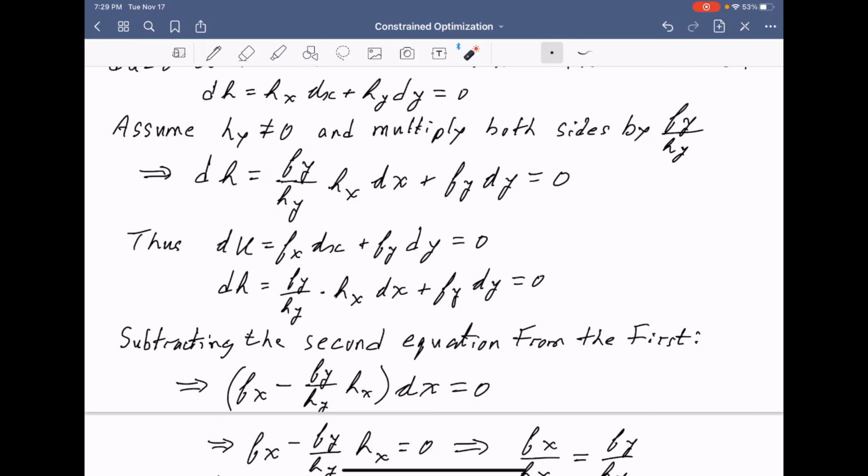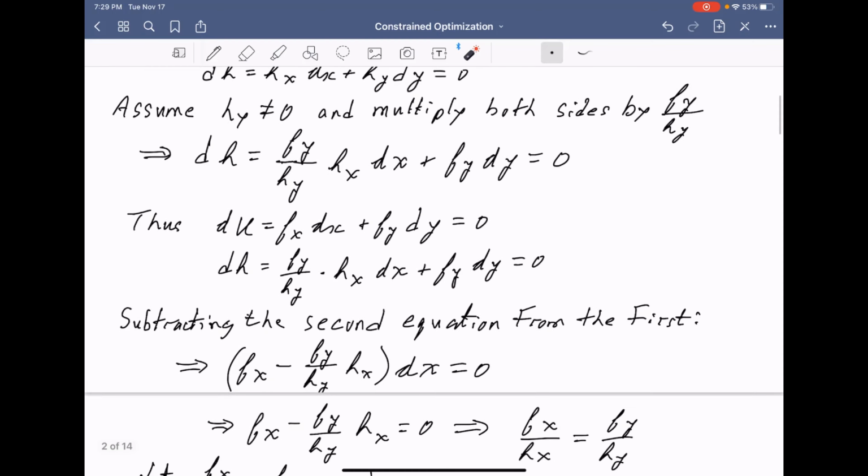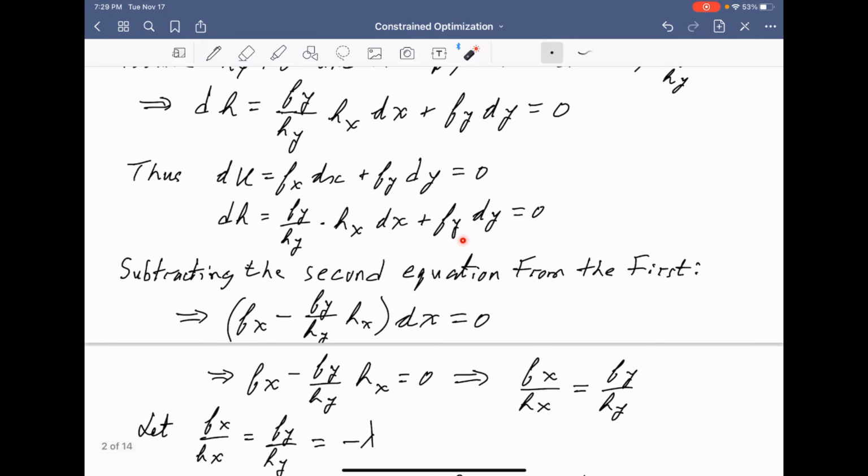And we have dh, so we repeat this particular result here. Then we subtract the dh equals 0 equation from the du equals 0 equation. So we subtract the second equation from the first, and that gives us this result: f sub x minus this component times dx, and we notice that the f sub y dy terms cancel.